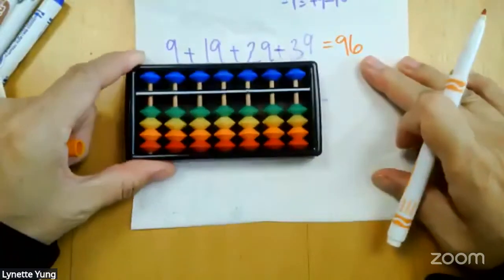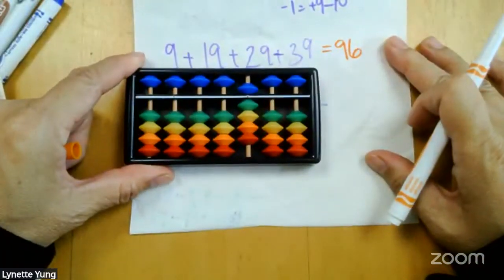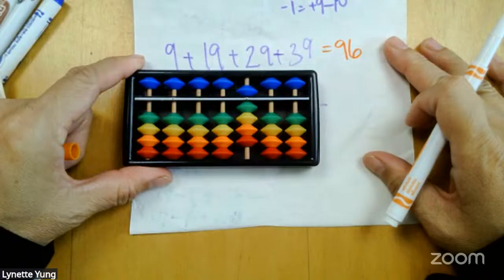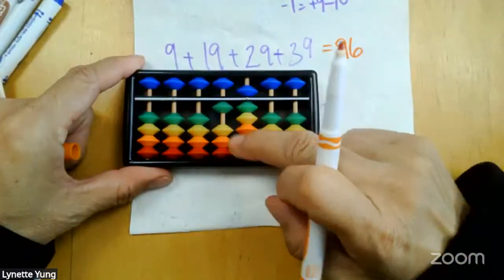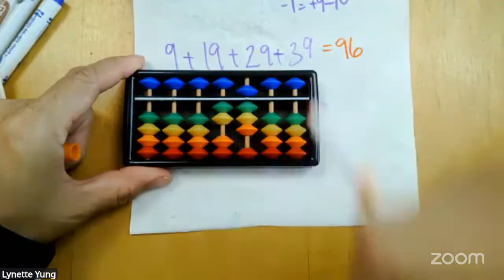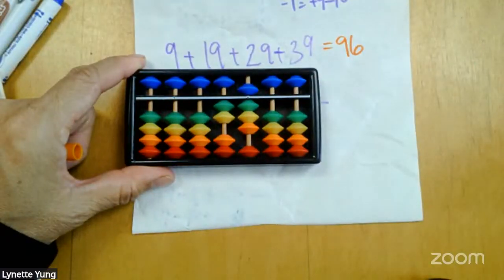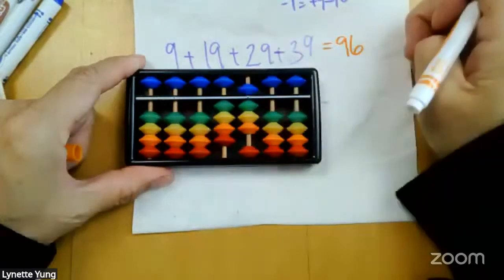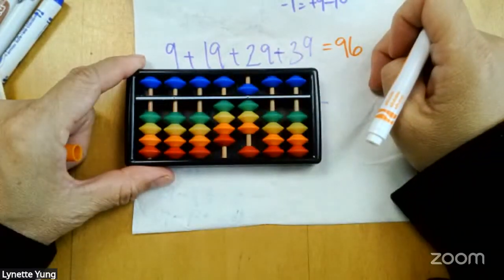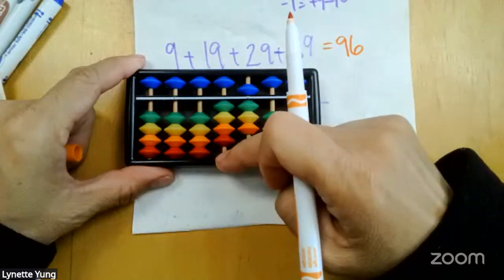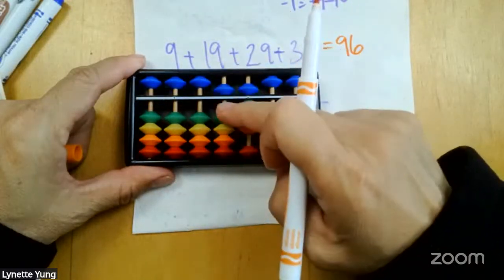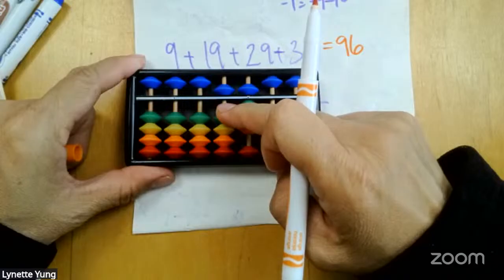Here, okay, so 9 plus 19, so plus the 10 minus the 1. Now we do 29, add the 2 plus the 9, plus the 10 minus the 1.